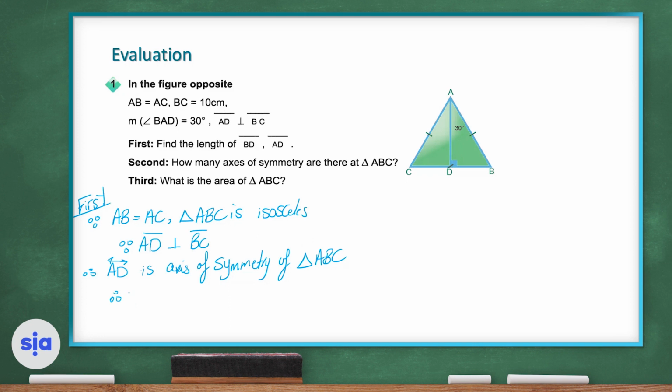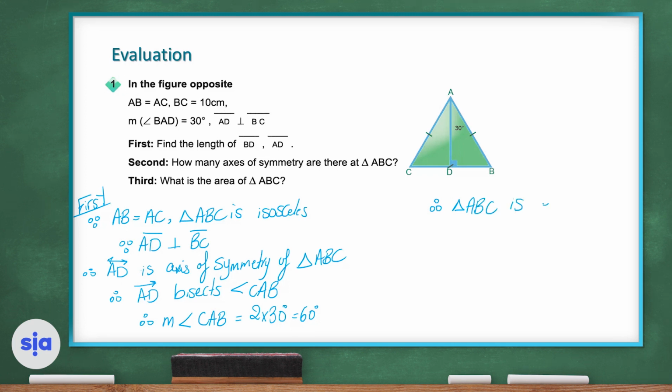Therefore, AD bisects BC and angle CAB. Therefore, the measure of angle CAB is 2 times 30 degrees, which is equal to 60. So that means that triangle ABC is equilateral.